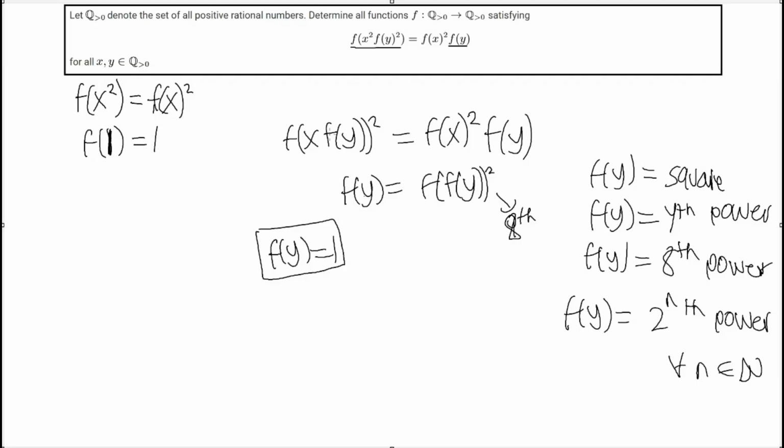So what's the takeaway from this problem? Well, we just plugged in some random stuff, stuff that we would hope would work out, and in the end, we ended up getting important identities such as this. And given the form of the problem statement, we applied this lemma here to it, and we got this.